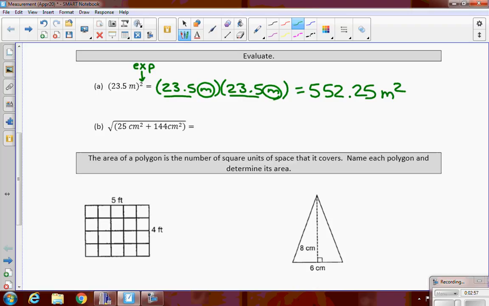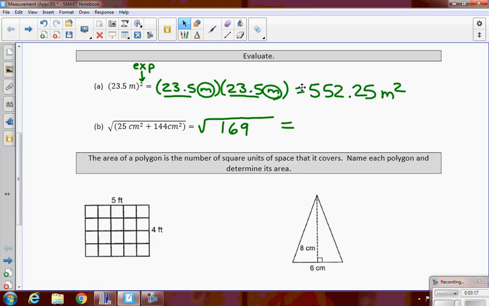Down below in the next example B, it's actually saying what is the square root of 25 square centimeters plus 144 square centimeters. Now we need to add the things under the radical sign first. So 25 plus 144, that's 169. So now it's asking what is the square root of 169?